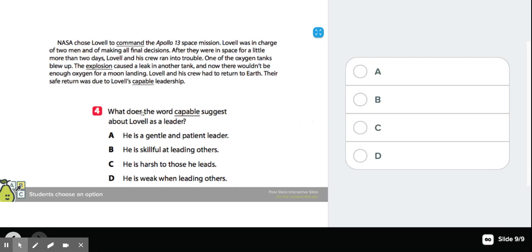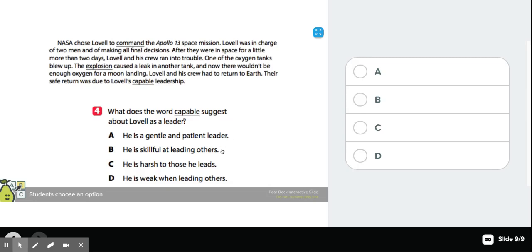Number 4, what does the word capable suggest about Lovell as a leader? Okay, let's read the last couple sentences. Lovell and his crew had to return to Earth. Their safe return, so they returned safely, was due to Lovell's capable leadership. Does this mean he's a gentle and patient leader?